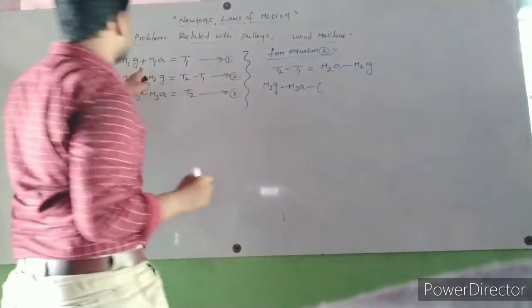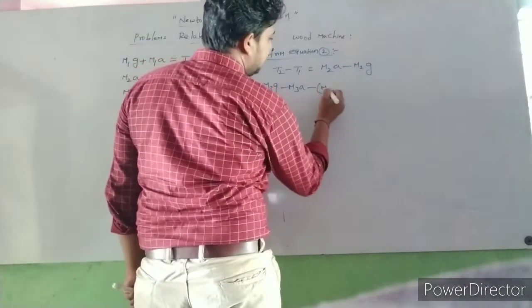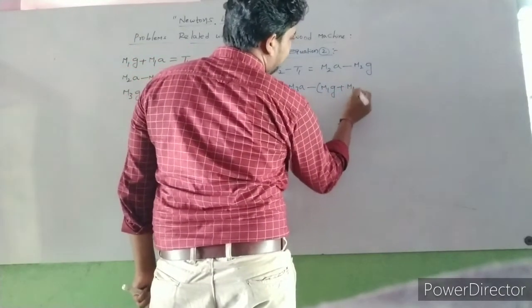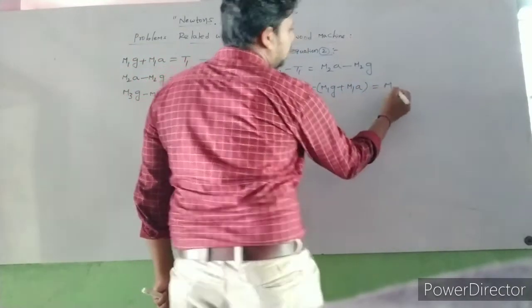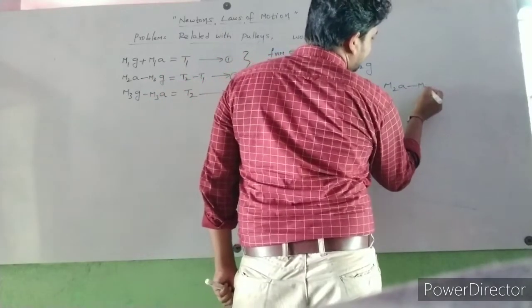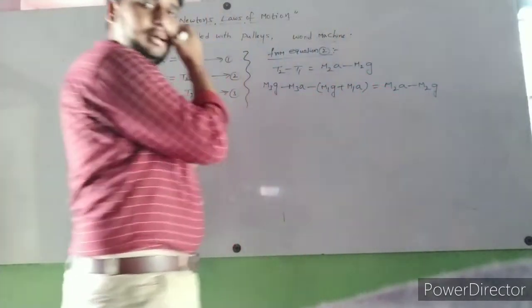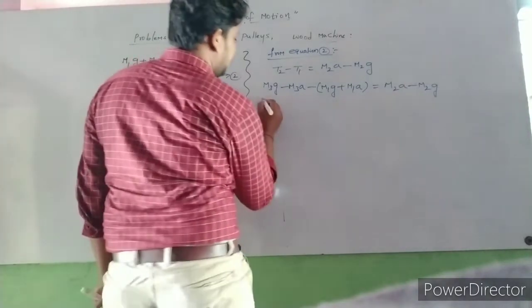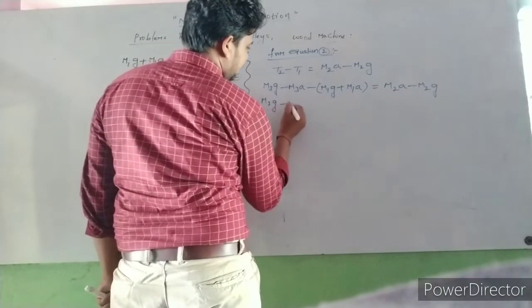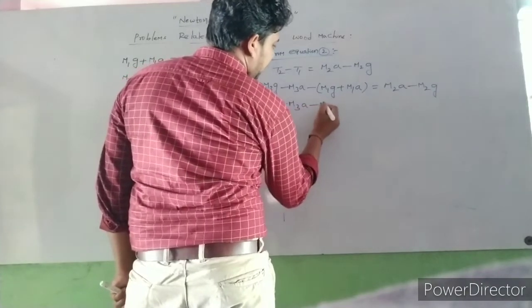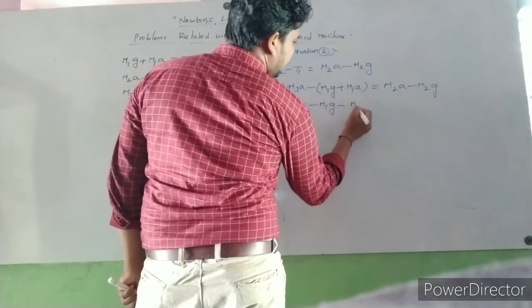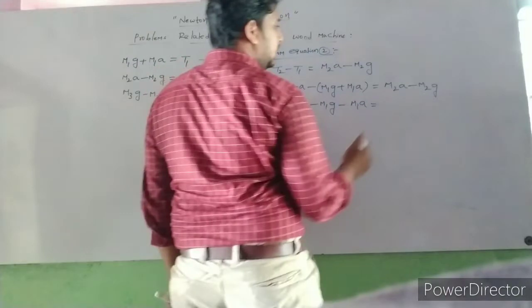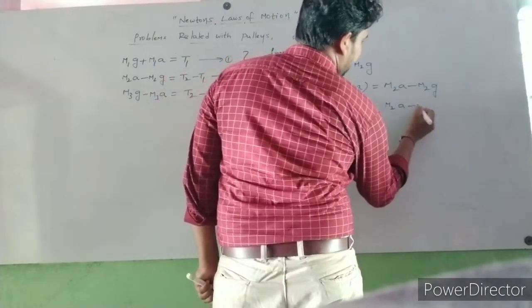So M3G minus M3A minus M1G minus M1A is equal to M2A minus M2G.